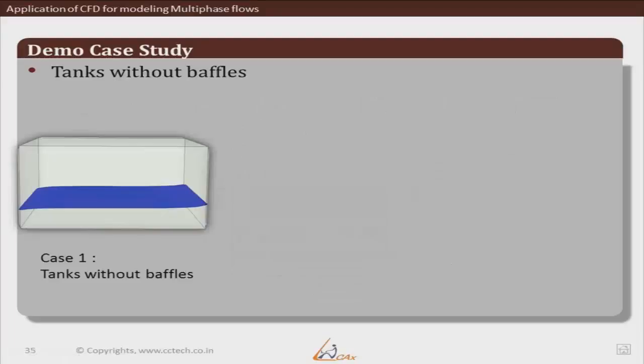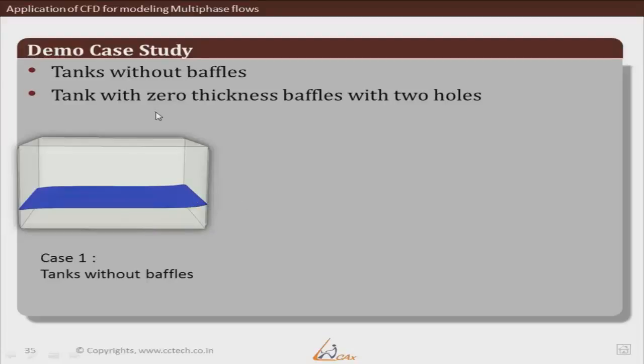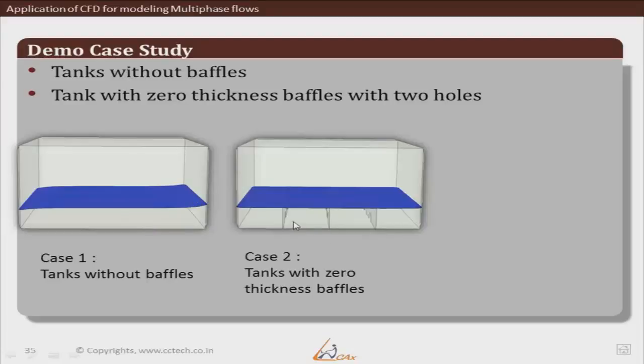We have solved, or are demonstrating, 3 cases. The first case is an empty tank, a tank without any obstructing objects. There is a tank with a volume of kerosene at this height. This is a free surface between air volume at the top and kerosene volume at the bottom. Below this surface there is kerosene, above this there is air, and this is the free surface shape. In case 2, we have considered baffles, that is 3 baffles with 2 holes each, but the baffles do not have any thickness.